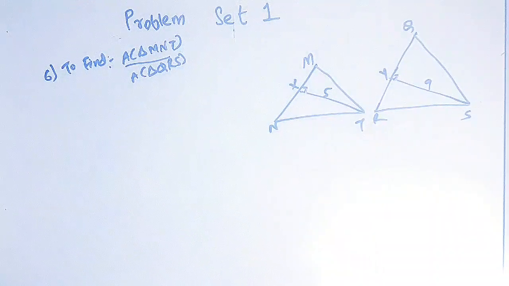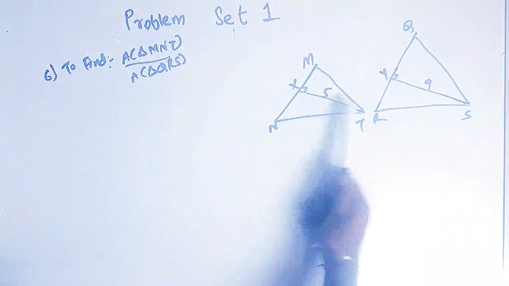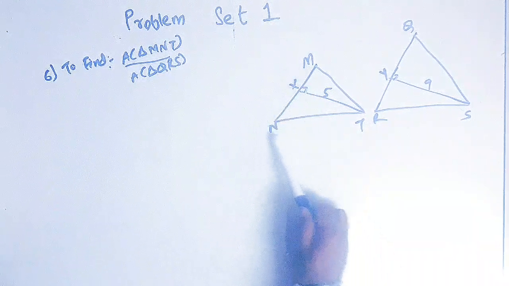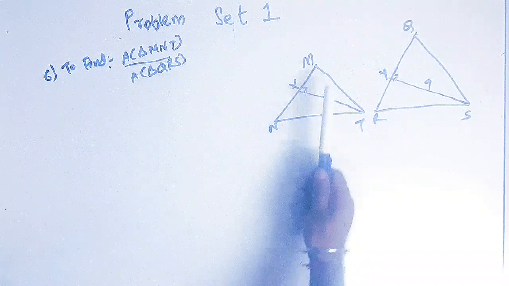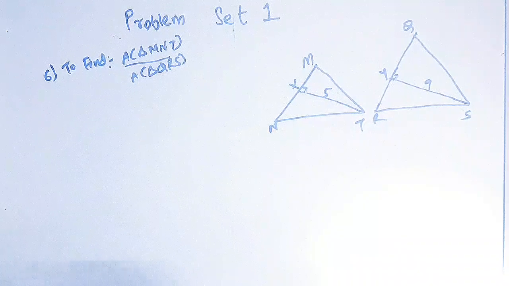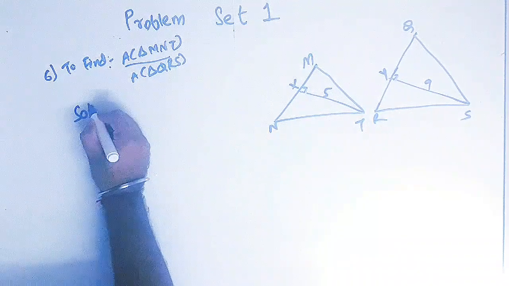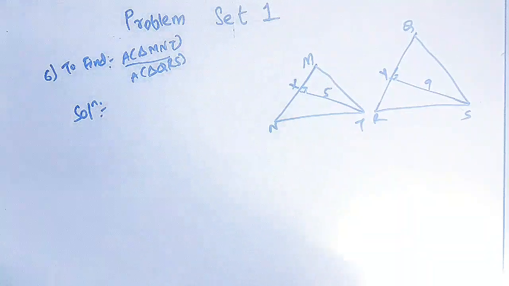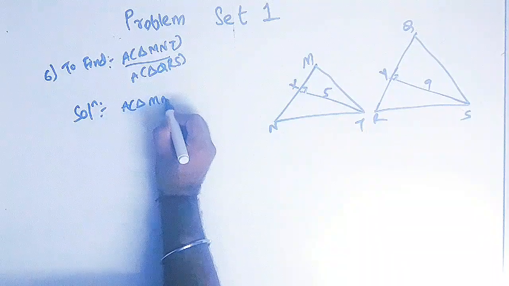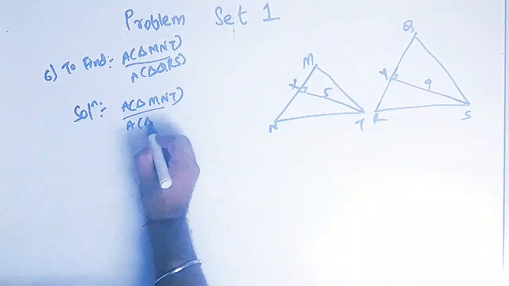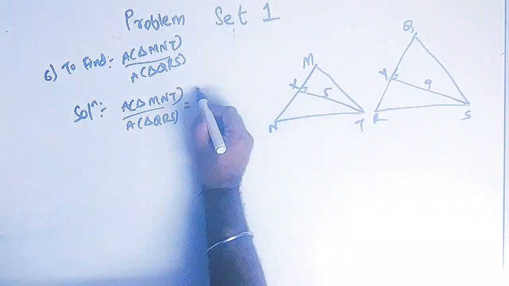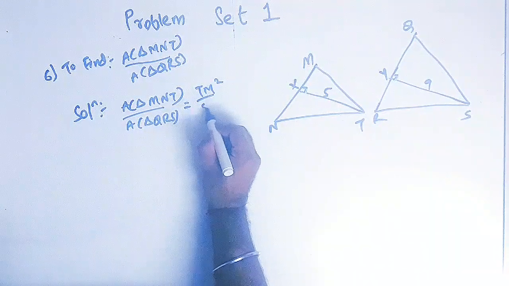Sum number 6. We know when only two altitudes or the heights of the triangle are given and we have to find their ratio of the areas, MNT upon QRS. In such a case, what we can do is, area of triangle MNT upon area of triangle QRS equals to, I'll write here TM square upon SQ square.